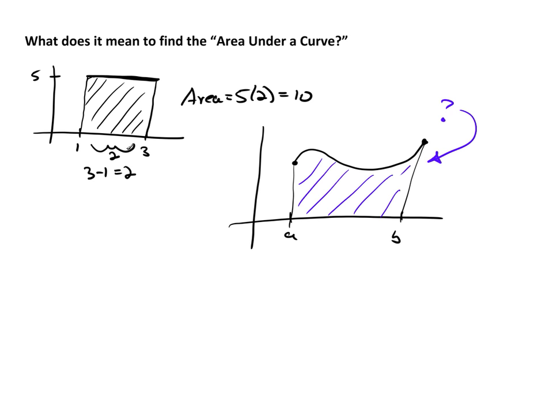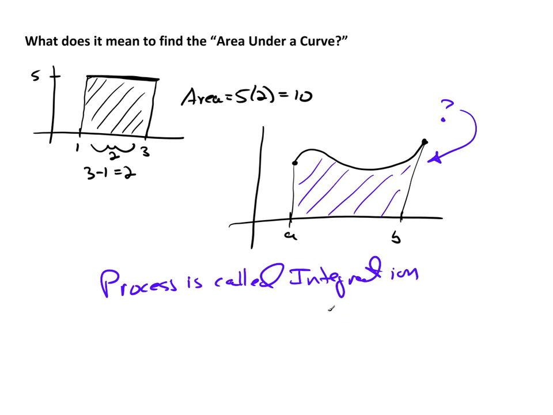I can't take some known formula, height times width, and say, there it is. It's not a triangle, so I can't take 1/2 height times base. How do I find that area? Now, this process is called integration. The process of finding that area under the curve.